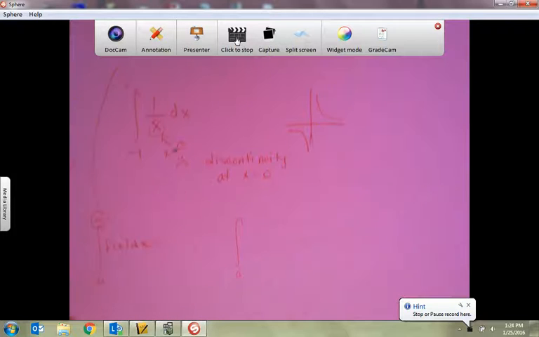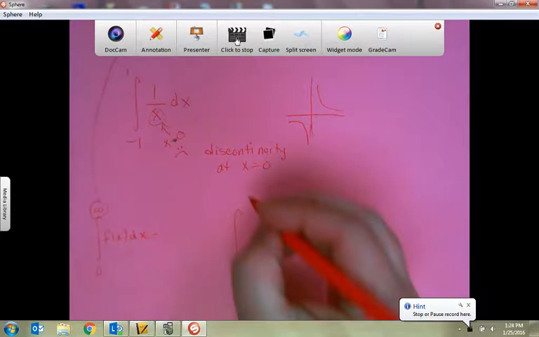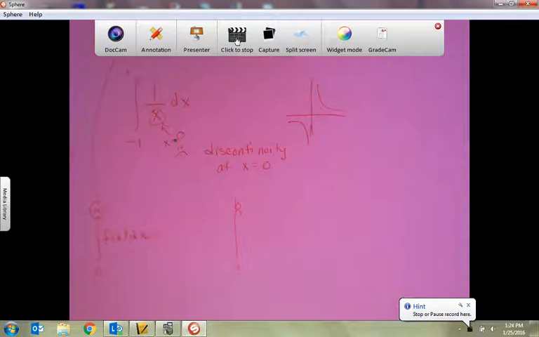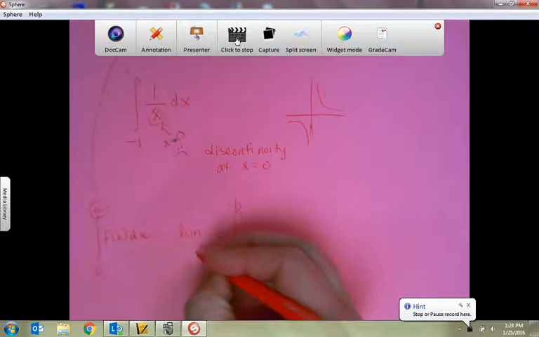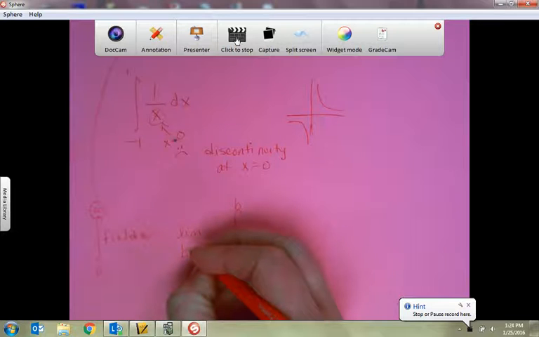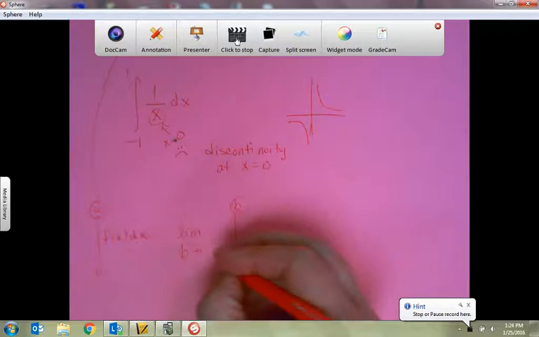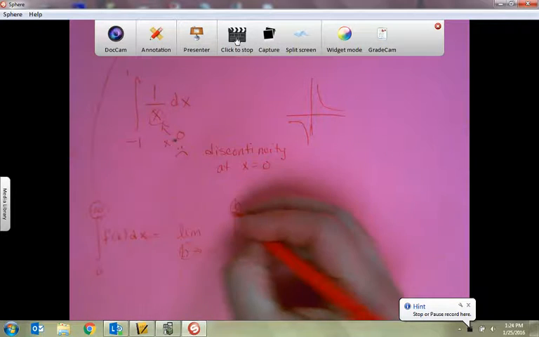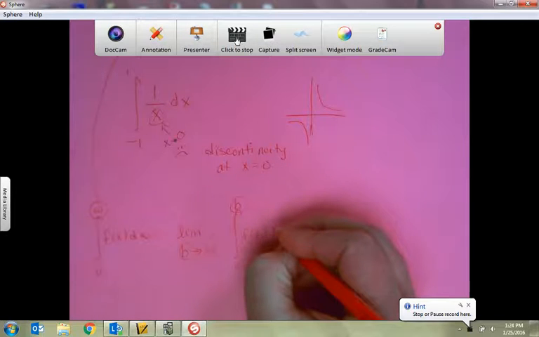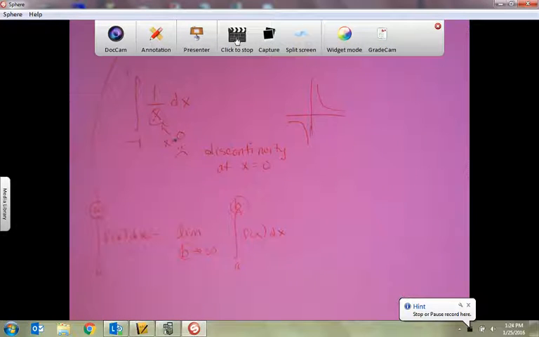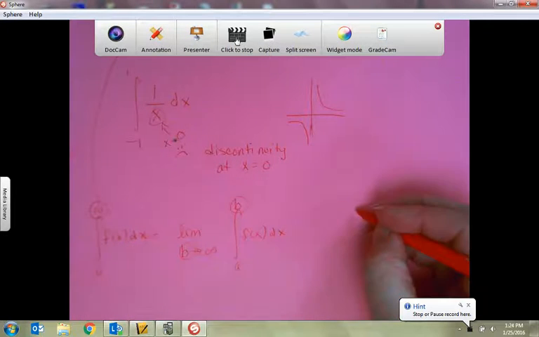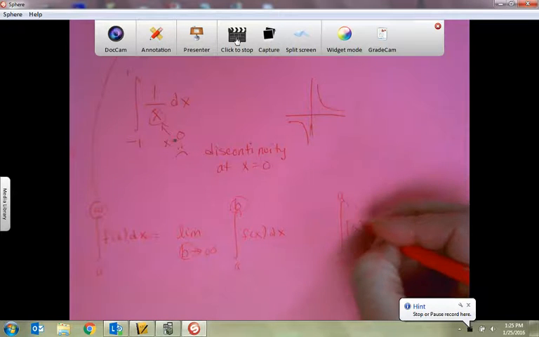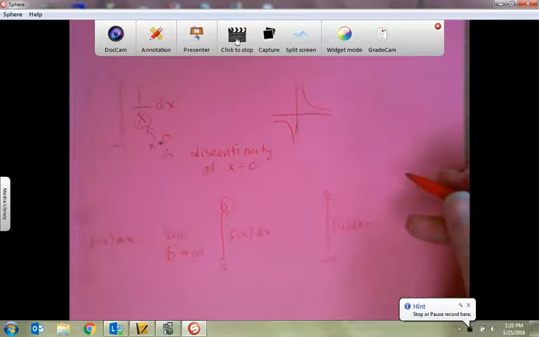Same thing if I was going to do that with negative infinity to some bound. Then I'm going to replace that negative infinity with a letter, and now the limit is going to approach negative infinity. Now the tough part is, let's say that I had both negative infinity and infinity.